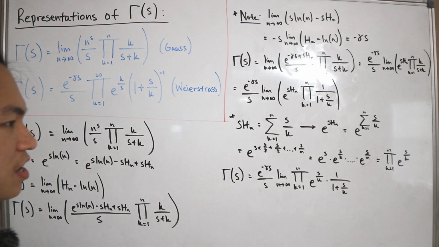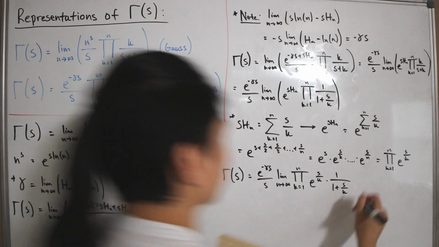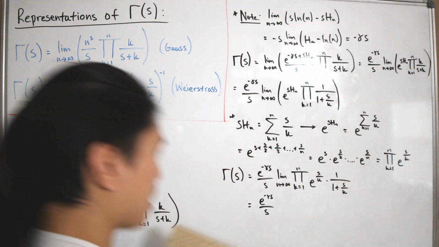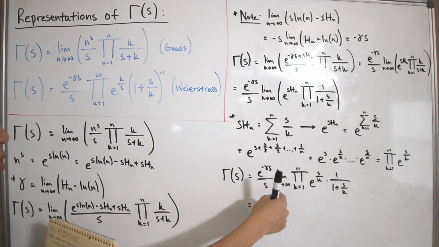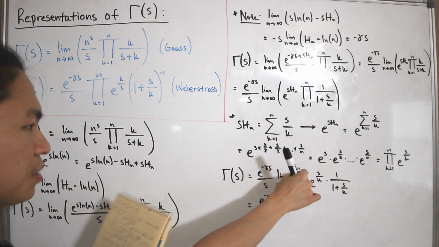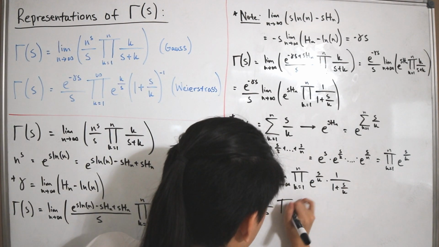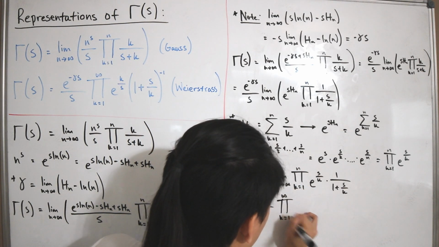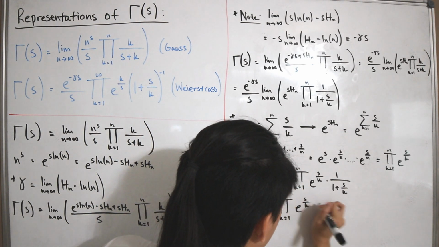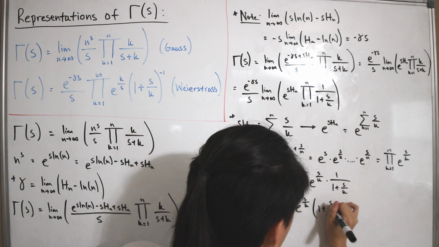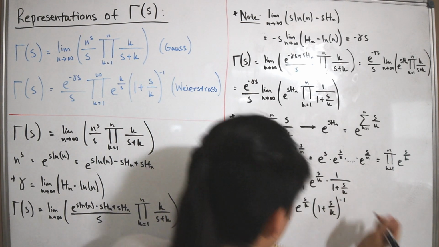In other words, we can write this in the form of an inverse. So again, put this back in and jump one more step. We're just going to take the limit as n approaches infinity, which basically means we replace n with infinity in that product series. So the product from k equals 1 to infinity of e to the s divided by k, and then 1 plus s divided by k to the negative 1 power.